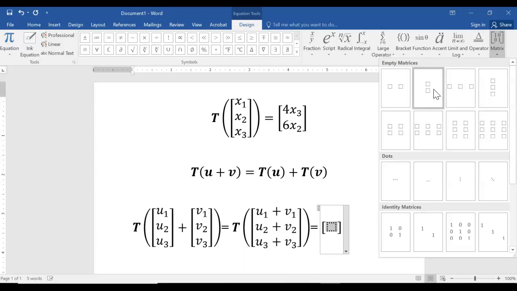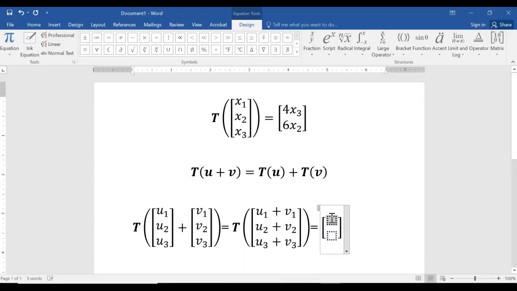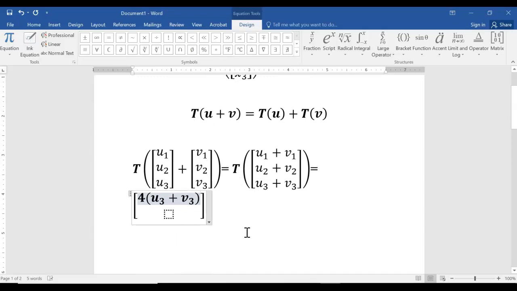What you're going to get out is 4 times this third entry, so 4 multiplied times the number u3 plus v3. Because we're multiplying the entire third entry, that entire third entry needs to be in parentheses.